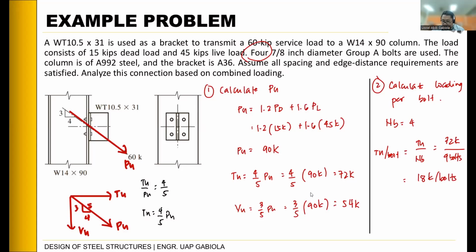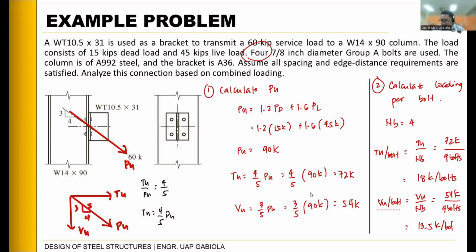Next, we have VU per bolt. So, we have VU over NB, that is 54 kips over 4 bolts. That is 54/4, that is 13.5 kips per bolt.